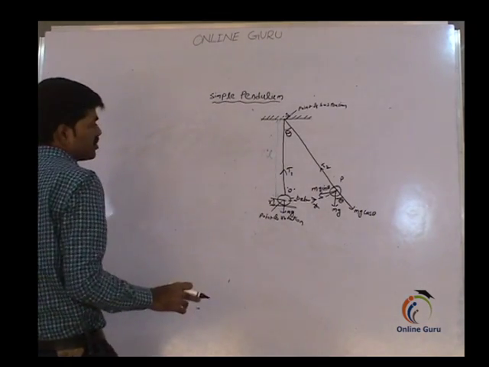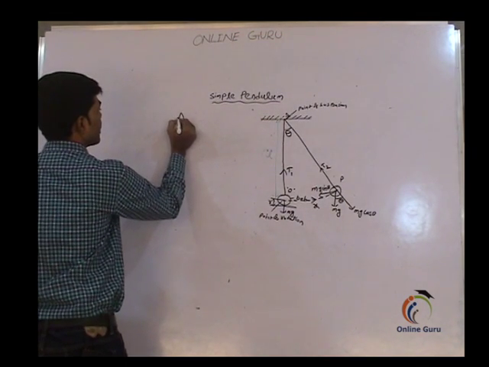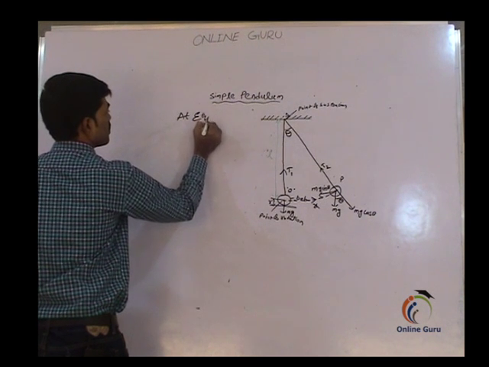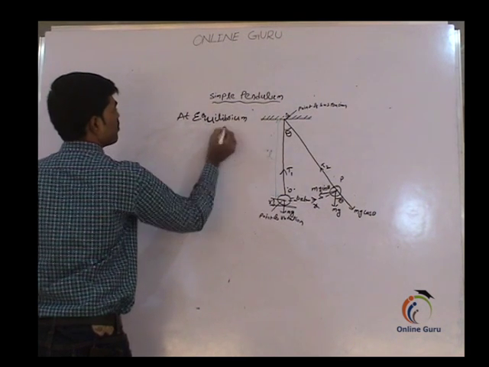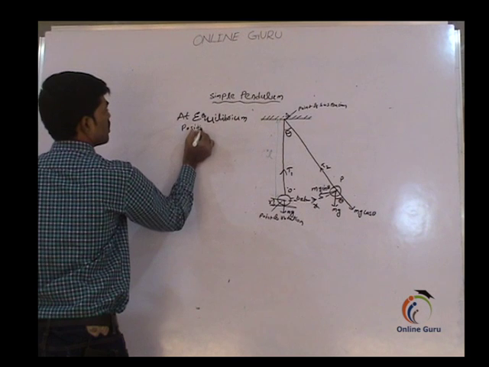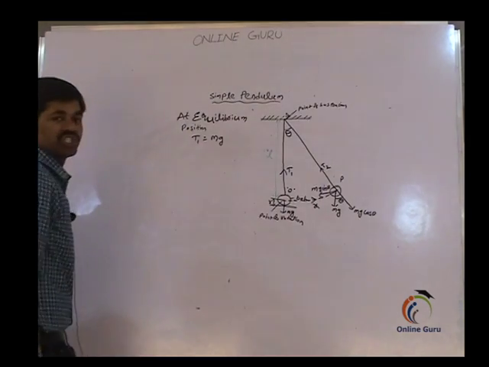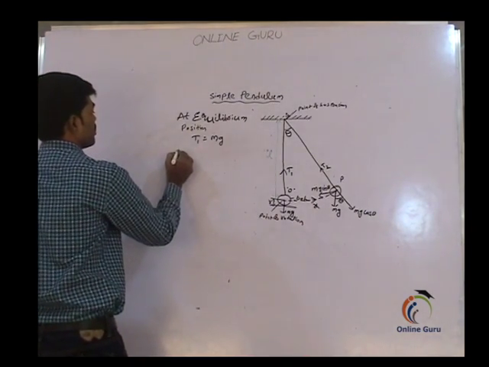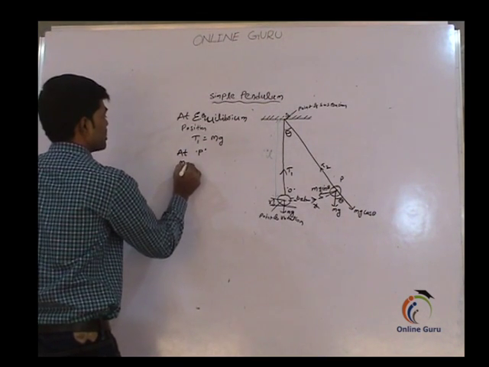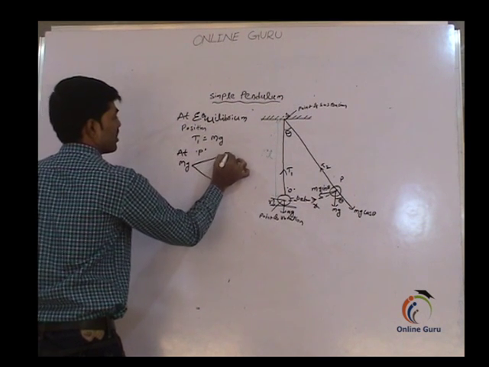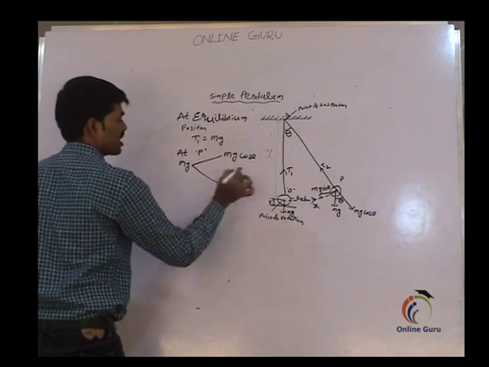This is the diagram whenever it is at position P. Initially at the equilibrium position, the tension T1 is balanced by the weight mg, and at P the mg is resolved into two components: one is mg cos theta and another one is mg sin theta.